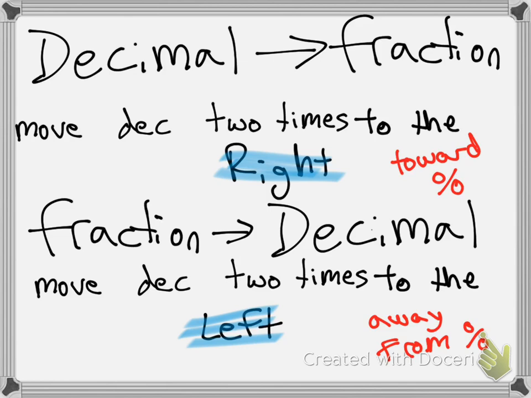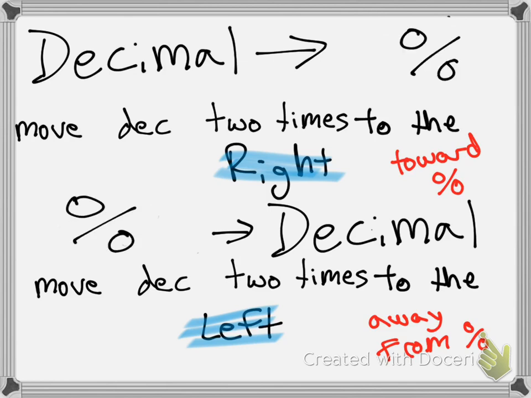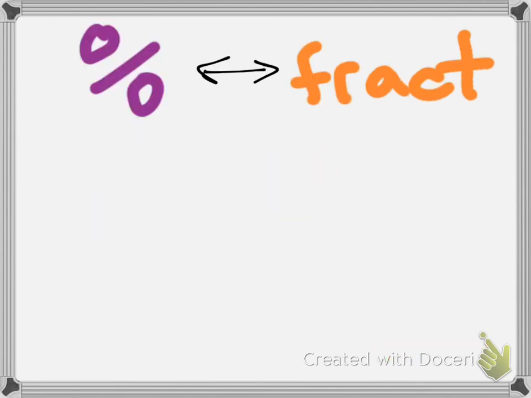To go from percent to decimal, we move our decimal 2 times to the left, away from our percent sign. Dot, dot, twice.